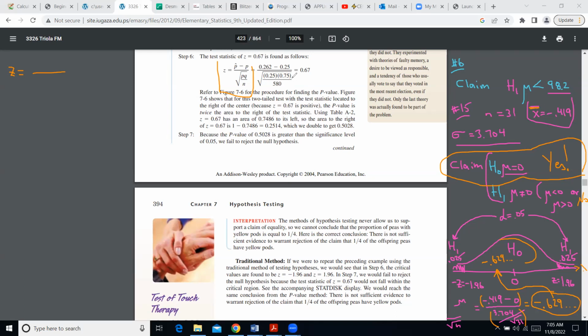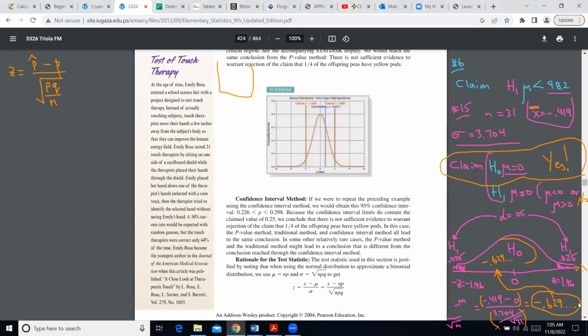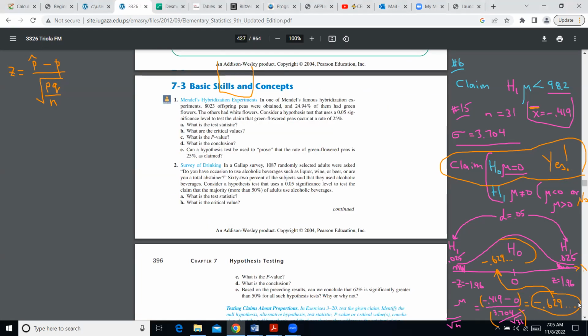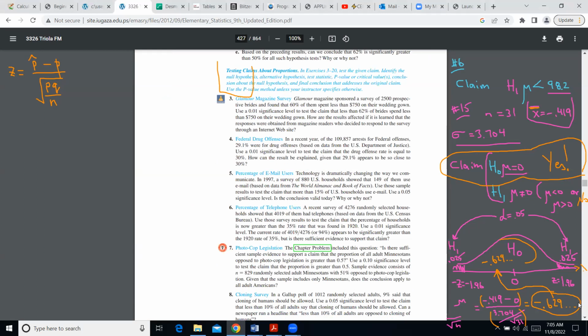So with X bar, we have the sample mean, and P could be with a bar, but they like to put a hat, is a sample proportion. So when it makes no sense to talk about mean, we can talk about proportion. We use this little formula to calculate the z-score in the case of proportion. So let us take a look at problems in this section, so you will see that it really makes no sense to talk about the mean.